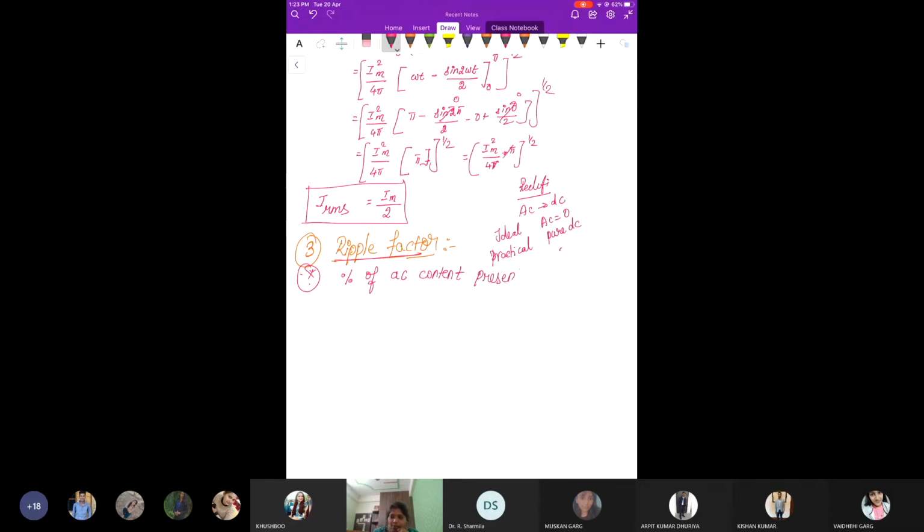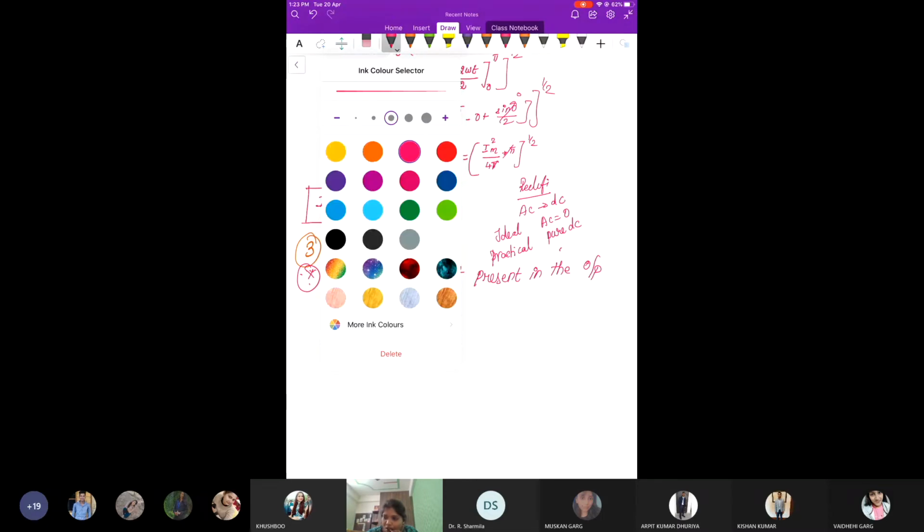So how should you write the definition? The ripple factor is defined as the percentage of AC component present in the output. That is, using the ripple factor, we measure how much AC component is present in the output.